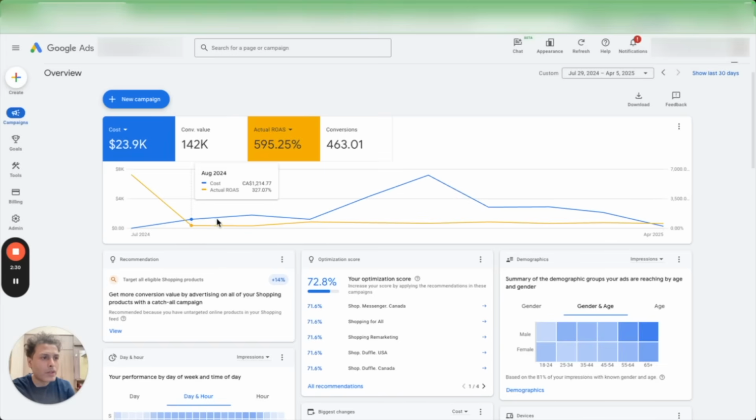In the month of August, before that he was getting a ROAS of 6, but that was mainly brand campaign and nothing else. When he came to me, after the first month of August and then the second month, he was like, what are you doing? My ROAS is 3.